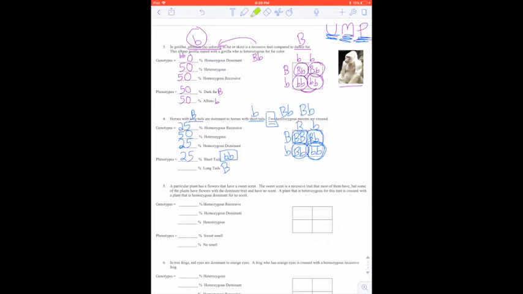And then I would end up with three boxes, this one, and this one, all have a capital B, so they would all end up being long tails. So if I count up those boxes, I had 25, 25, and 25. So that would be 75% total. Remember, it's like counting quarters. If I had 3 quarters, I would have 75 cents.